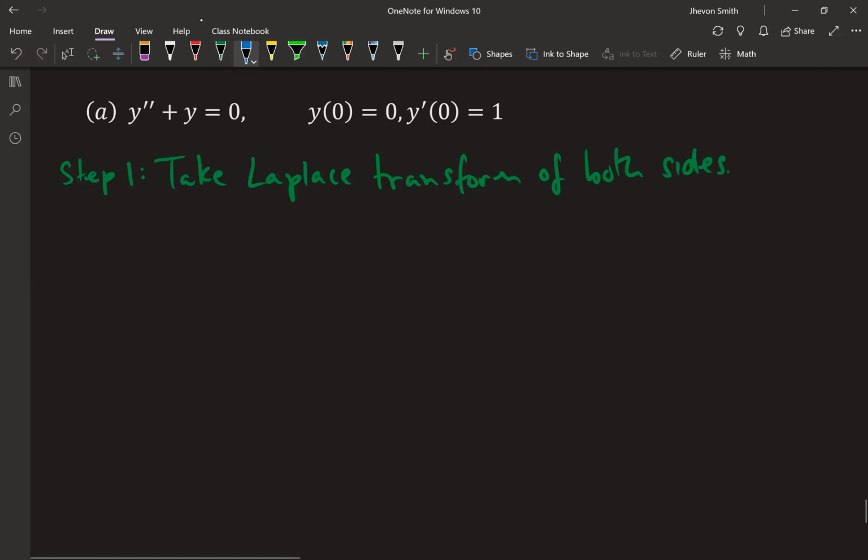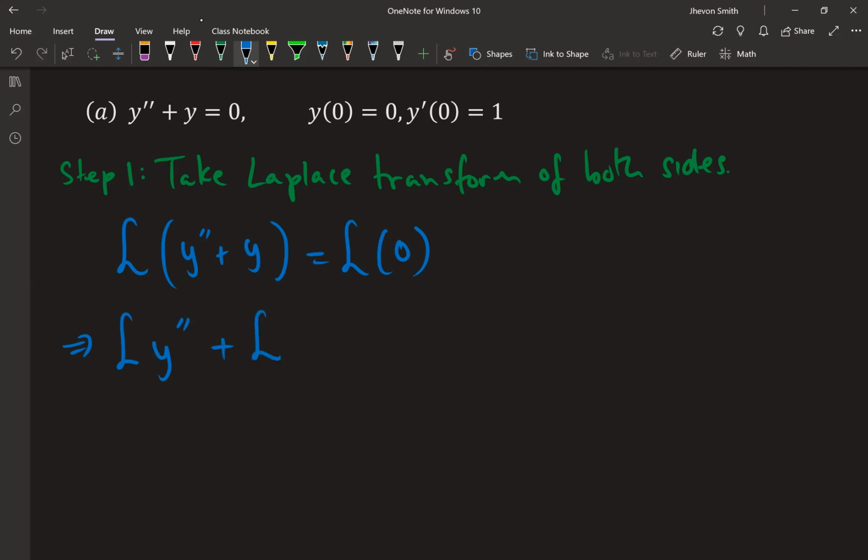Now I'm going to write this in blue because normally you don't write this out, but I want you to see what's actually happening. So you would take the Laplace transform of y double prime plus y equals the Laplace transform of 0. Take the Laplace transform of both sides. The Laplace transform distributes across sums because its definition is an integral.